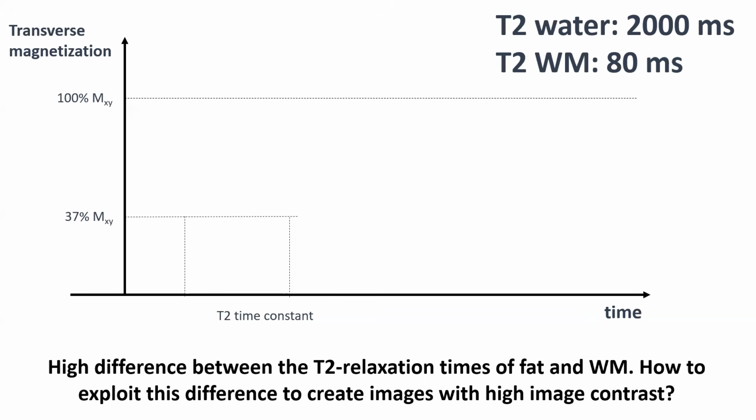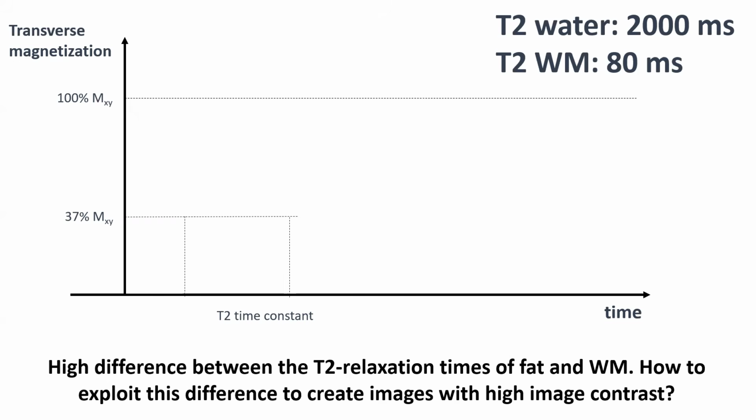Okay, let's now talk about using differences in T2 relaxation. I'm going to illustrate differences in T2 relaxation between water and white matter. Water has a very high T2 relaxation time of 2000 milliseconds. So it takes a lot of time for the protons in water molecules, free water molecules, to lose their phase coherence.